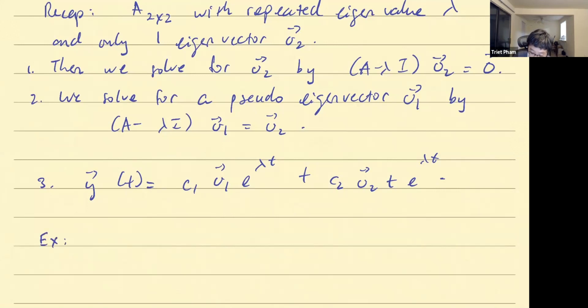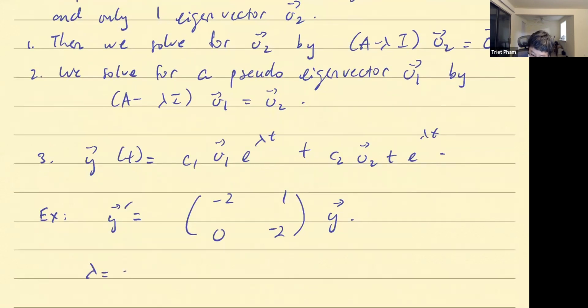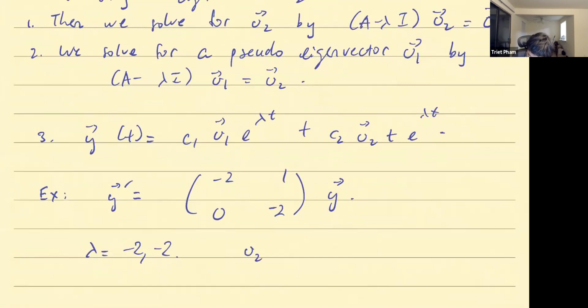So for our example, we got y prime equals minus 2, 1, 0, minus 2, y. We already found that lambda equals minus 2 as a repeated root. We already found V2. Now we switch the notation to be 1, 0.